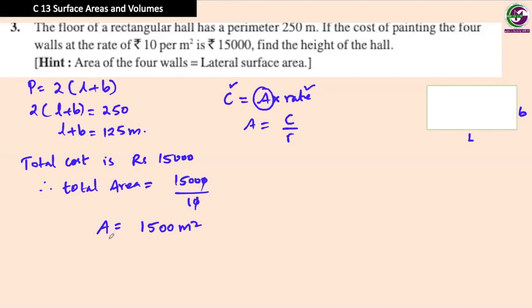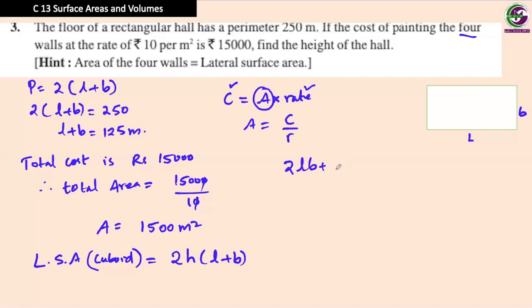Now we know the total area of painting, and it is specified it is only 4 walls, which means lateral surface area. Lateral surface area of a cuboid is equal to, we studied it, the L and B will be cancelled. So 2 times H times (L plus B). From the rule 2LB plus 2BH plus 2LH, the LB part will be cancelled.